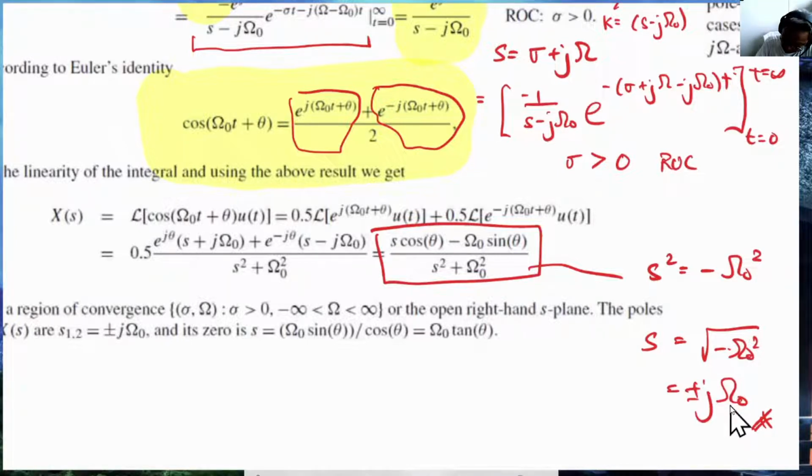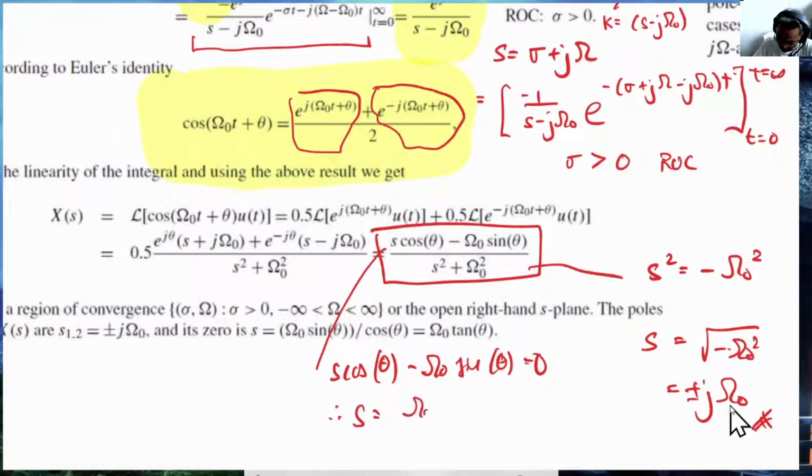What about the zero? The zero is where s cosine theta minus omega naught sine theta equals 0. Therefore, s is simply omega naught sine theta divided by cosine theta. So this is the answer here.